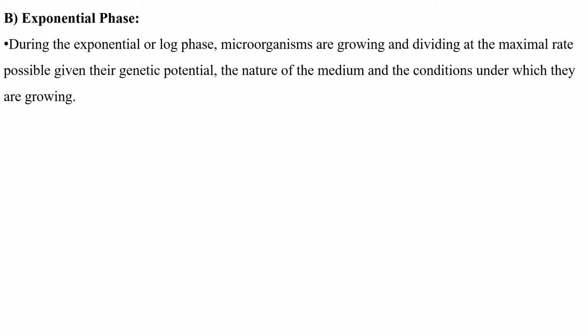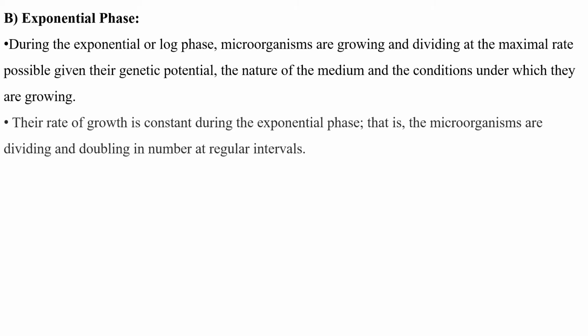So the organisms are growing and dividing at the maximal rate, and the growth rate of the organism will depend on their genetic material, as well as the nature of the medium we have added, and the conditions under which they are growing. Now, in the exponential phase, the rate of growth is constant.